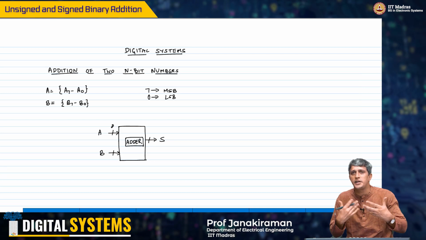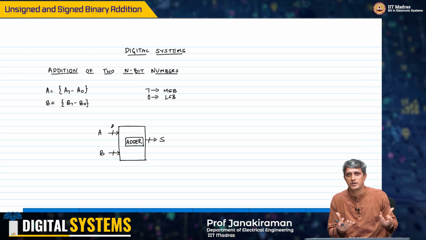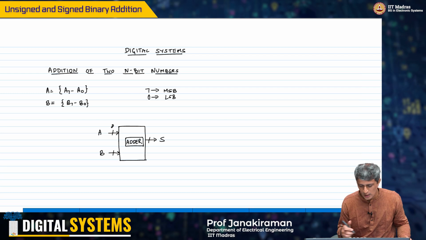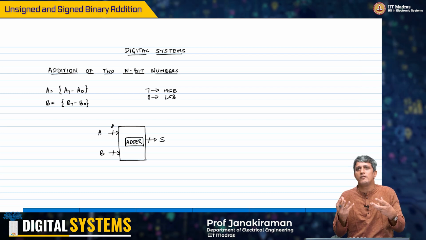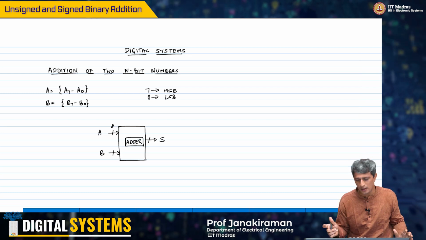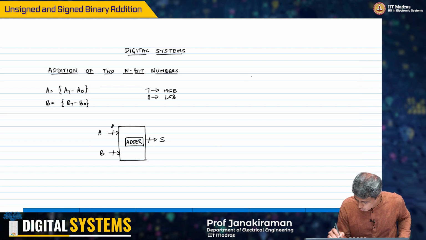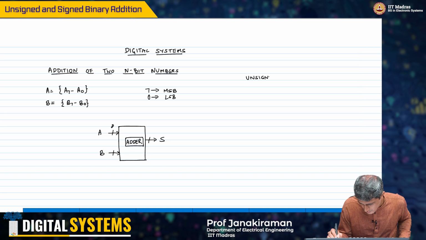Now first of all we need to determine how many bits this sum could be. So let us first deal with some examples so that we get a feel for it. I'm going to do unsigned addition first.